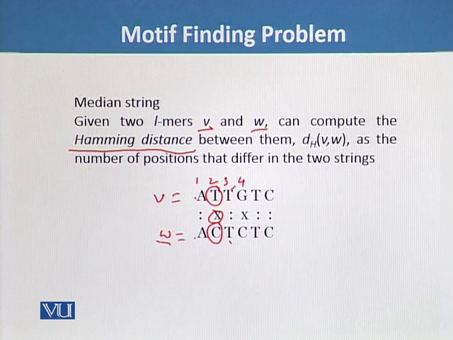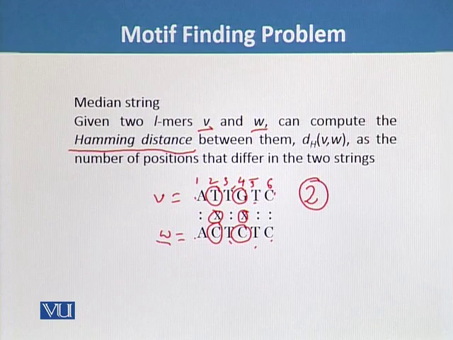In the fourth column, in the V l-mer it is G and in the W it is C, so this cross is written. But in the fifth and sixth columns, the elements within each column are the same. So in the two l-mers V and W, the Hamming score is 2. One is here and one is here.